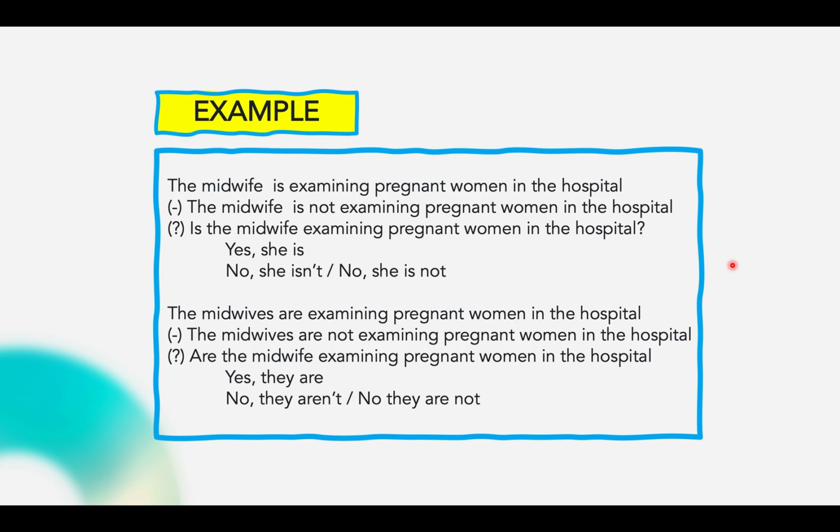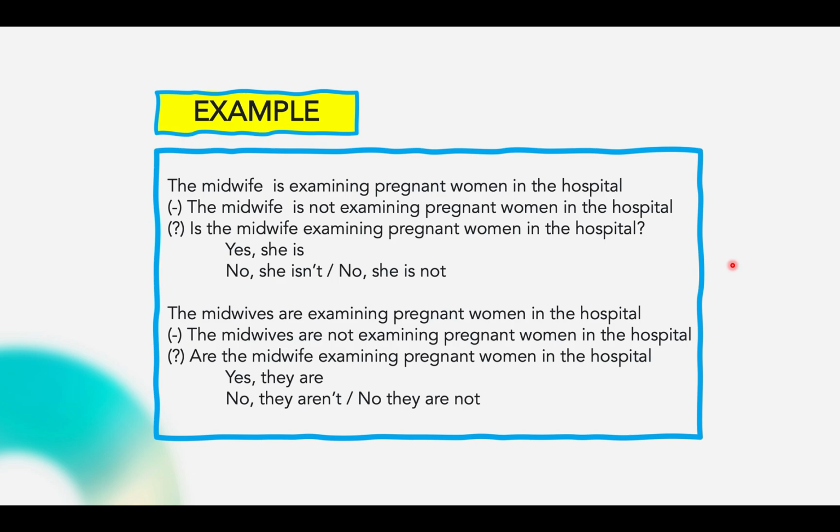And the second here is the example when the subject is more than one. Midwife, now midwives. So the midwives are examining pregnant woman in the hospital. What is the negative sentence? The midwives are not examining pregnant woman in the hospital. What about the interrogative?